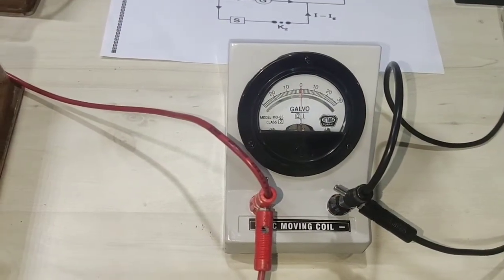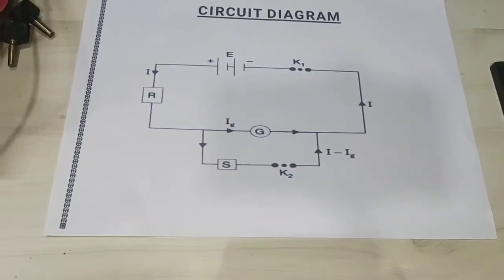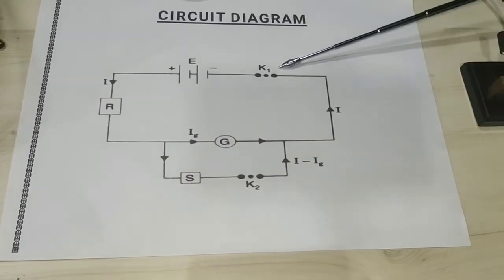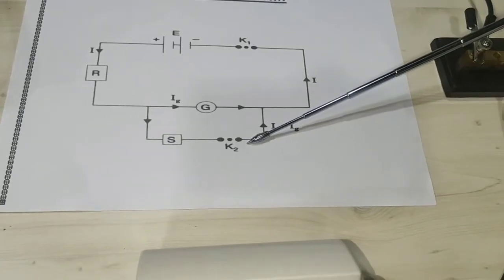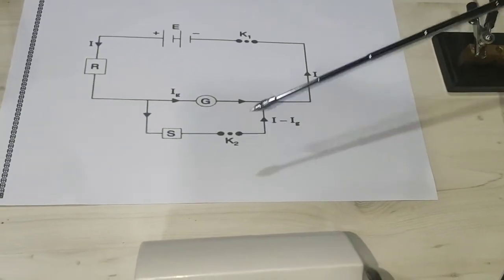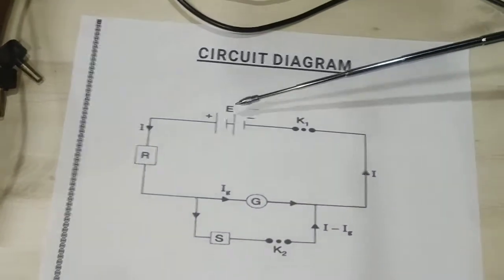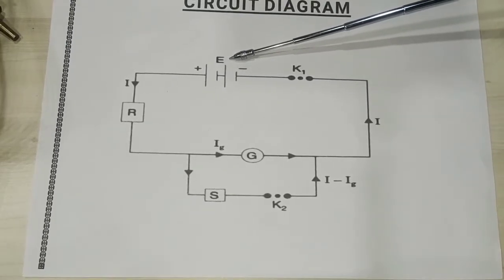We start with trial 1, part 1. In part 1 of all the trials, K1 will be closed and K2 will be open. But before we start all the trials, we need to record E, that is the battery voltage that we are using.